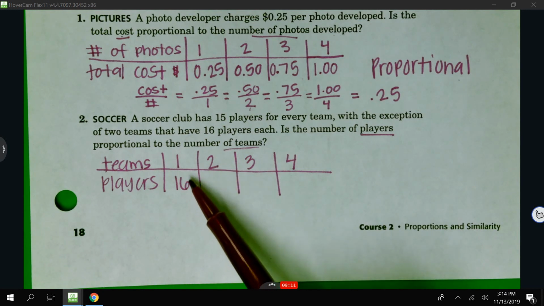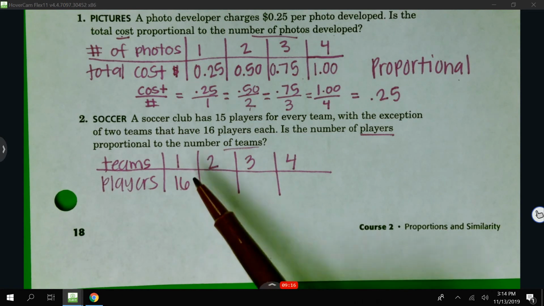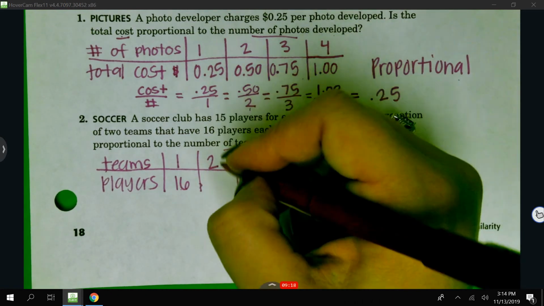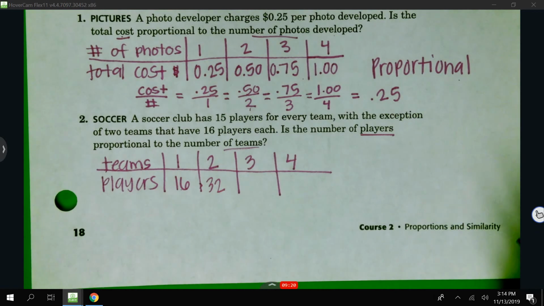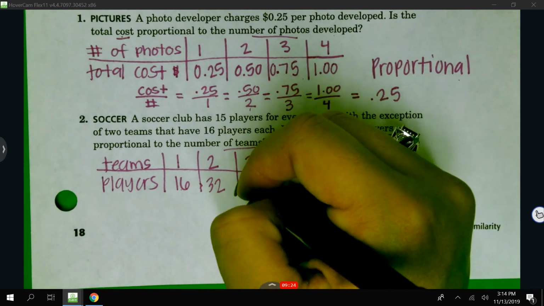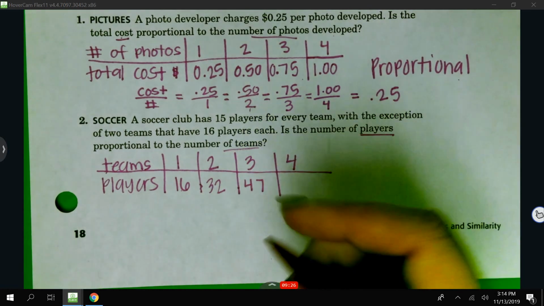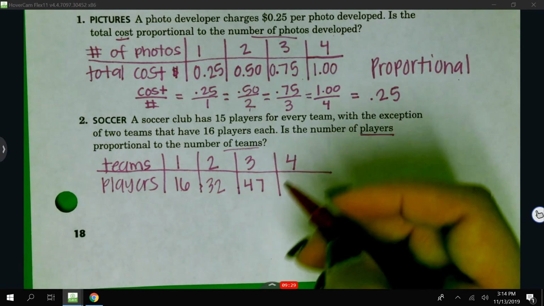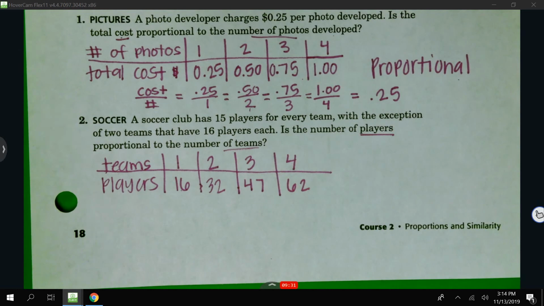You started out with 16, so I went from 1 to 2, so I'm going to add 16 again. So 16 plus 16 gives me 32. If I add 16 again, that tells me the players for 3, which would be 47. And then adding 16 again to 47 gives me 62.